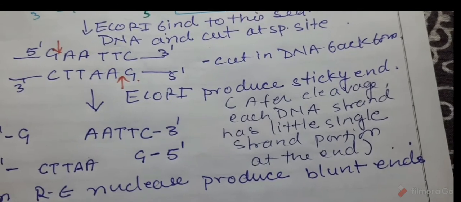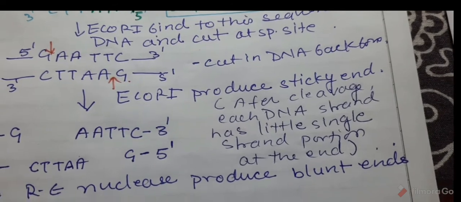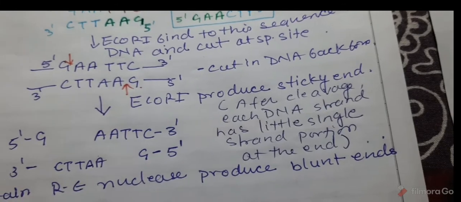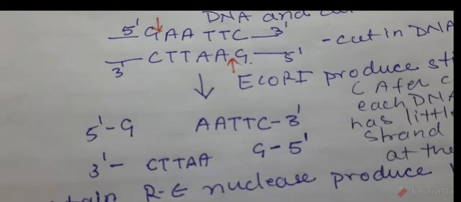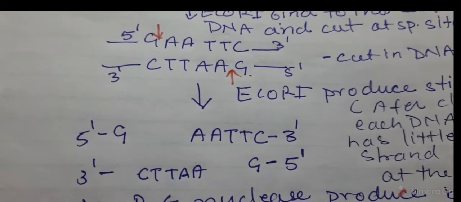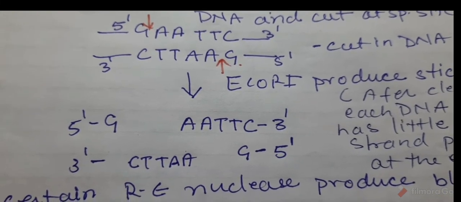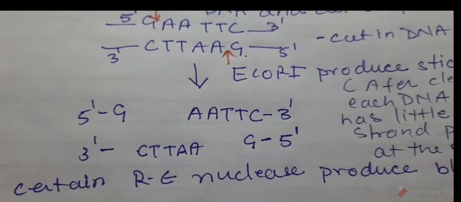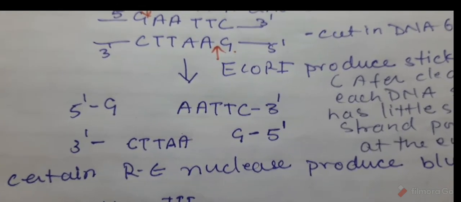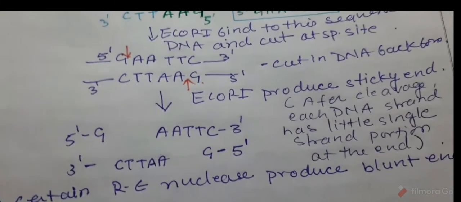EcoRI produces sticky ends. After the cleavage, each DNA strand has a little single-strand portion at the end. So when it cuts and the strands are separated, G is separated and AATTC is separated in the 5' to 3' strand, and in the other strand, 3' to 5', CTTAA and G is separated, because that was the site where EcoRI reacts.